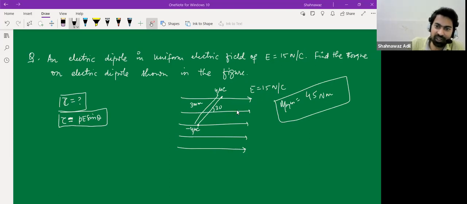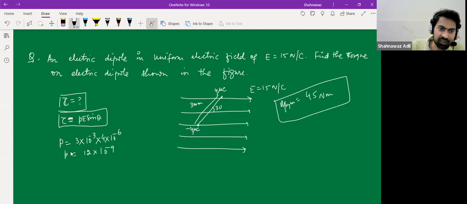Okay, let us calculate here. P would be the separation, which is 3 mm, and 3 mm is 10 to the power minus 3, into Q. Q is 4 microcoulomb, so 10 to the power minus 6. So this is 12 into 10 to the power minus 9.